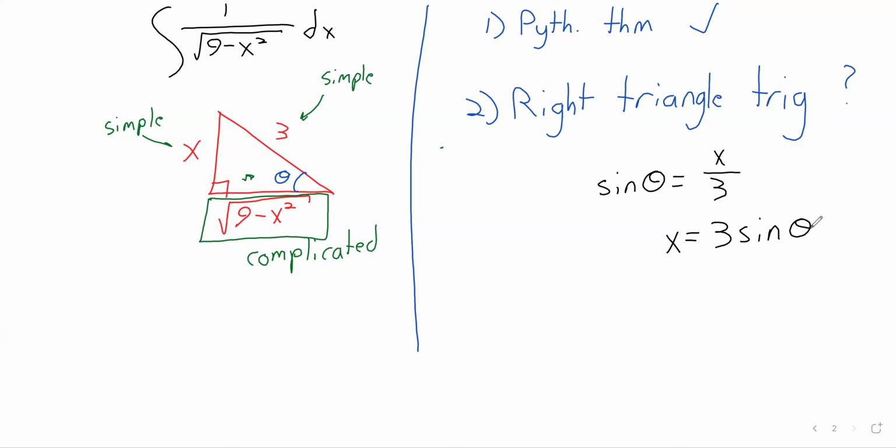If we do this, we're also going to have to replace the dx, but dx works in exactly the same way as when you're, for example, doing integration by parts. We just take the derivative of x and we get whatever we get.